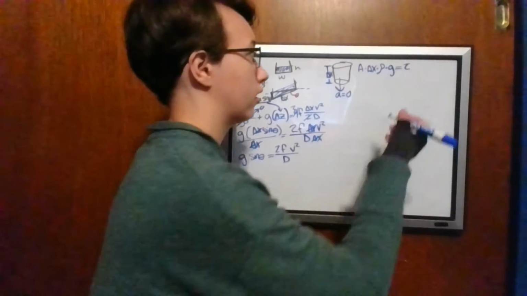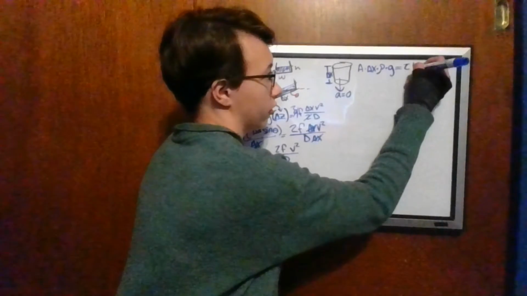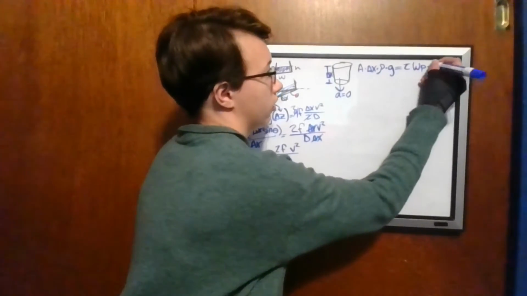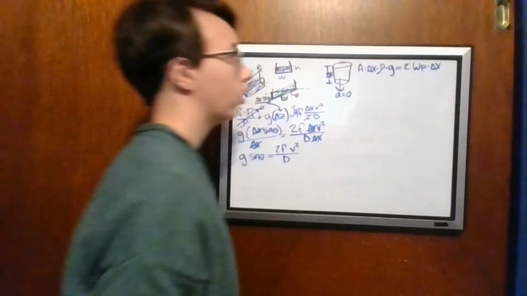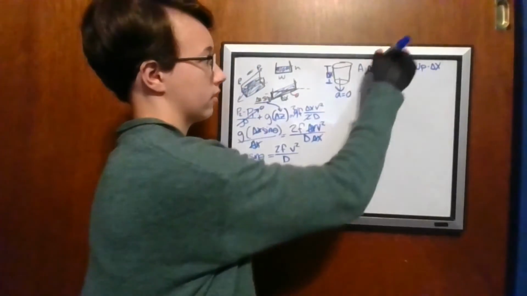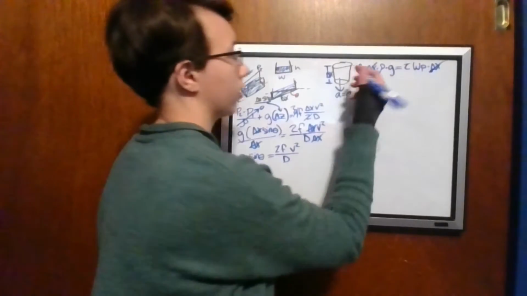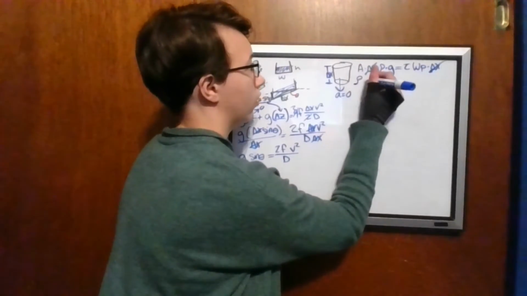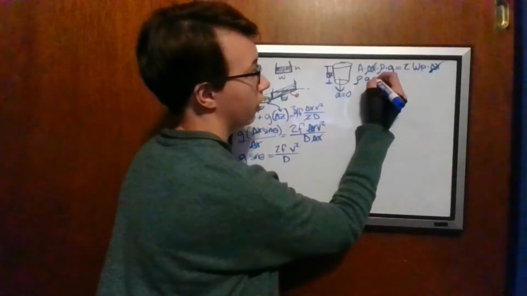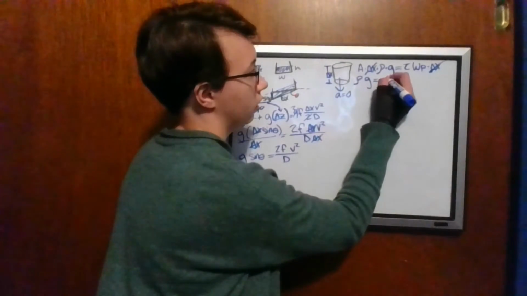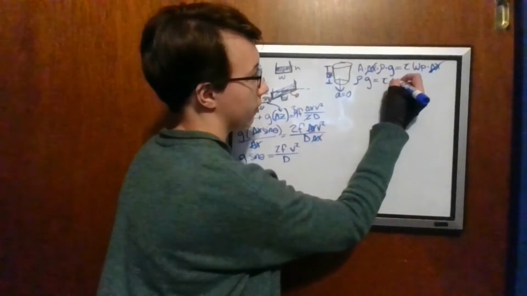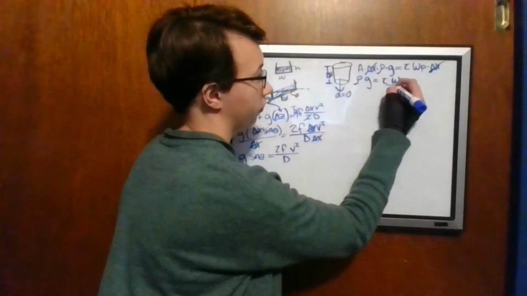So it will be the entire perimeter, but we're still going to refer to it as the wetted perimeter times delta x. Alright, so here you can see that the delta x's cancel, and we're also going to divide by area across. So we're going to have that rho times g is equal to shear stress times the wetted perimeter over the area.